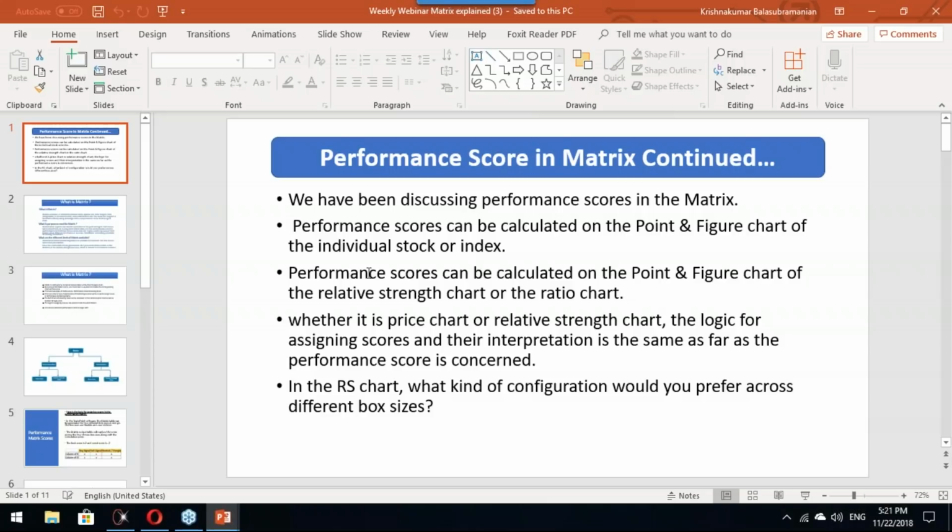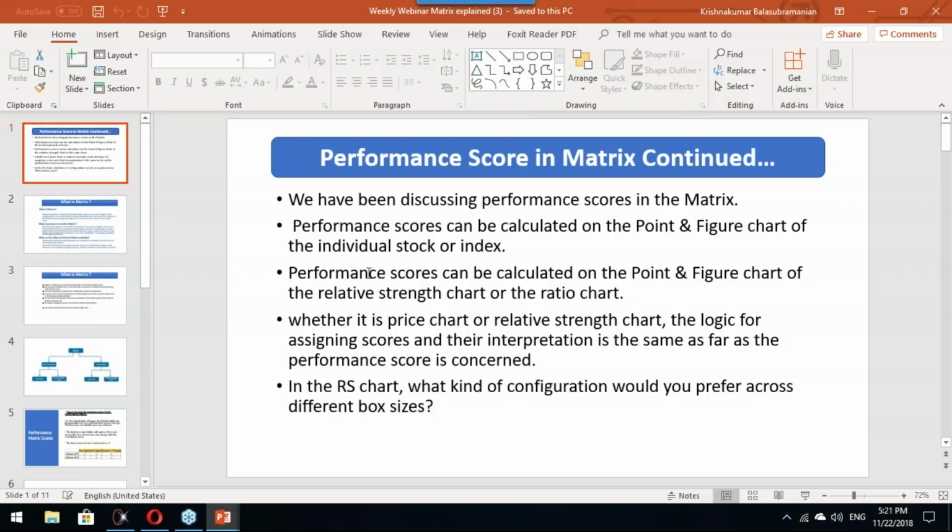The logic remains the same, but the interpretation, everything else will be slightly different, because we are looking at two different animals here. One is a ratio chart, the other one being the price chart.